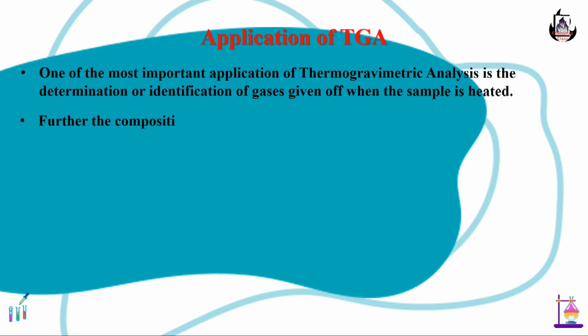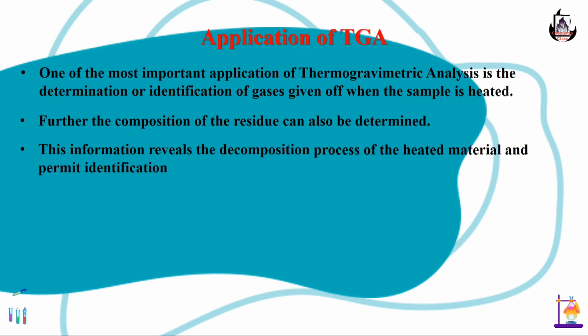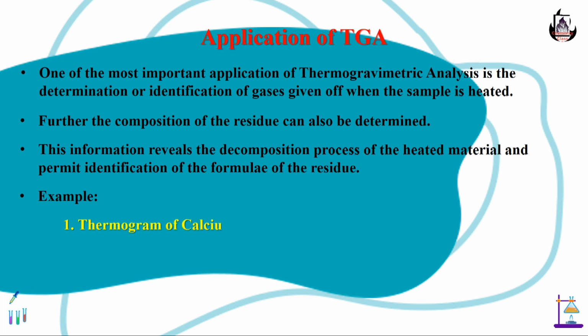Further, the composition of the residue can also be determined. This information reveals the decomposition process of the heated material and permits identification of the formula of the residue. Let's look at two examples: thermogram of calcium oxalate and thermogram of salts like copper sulfate.